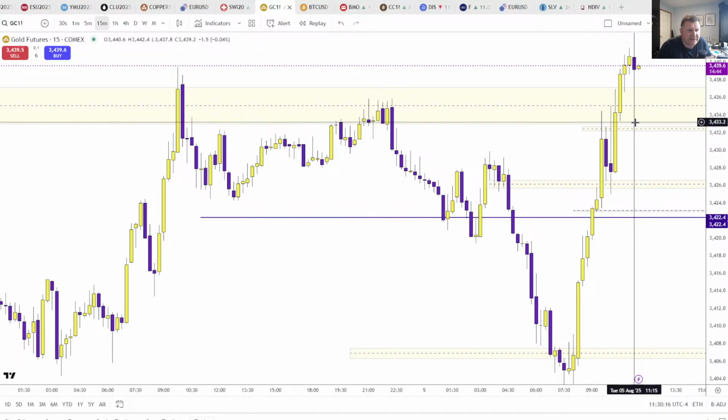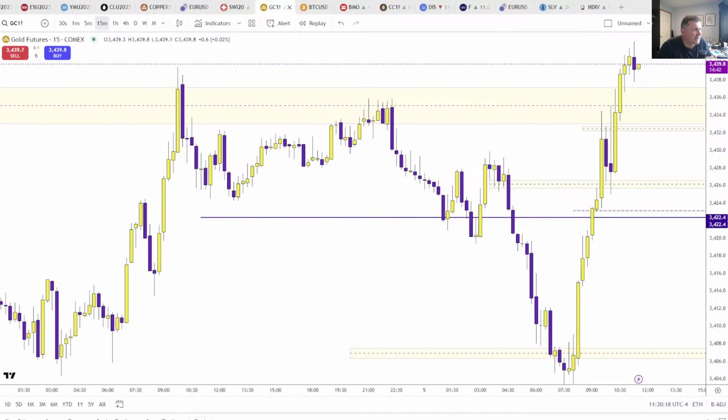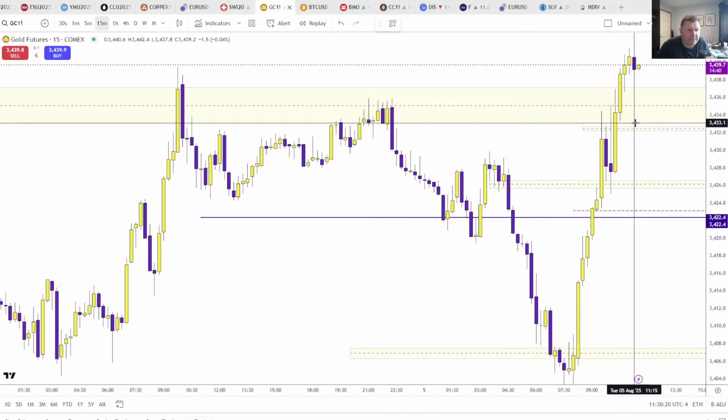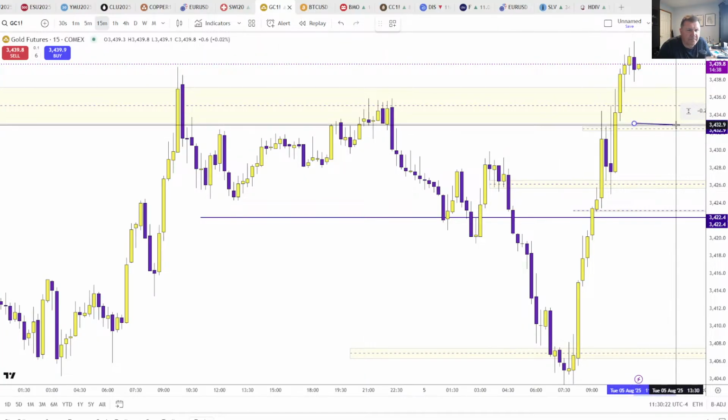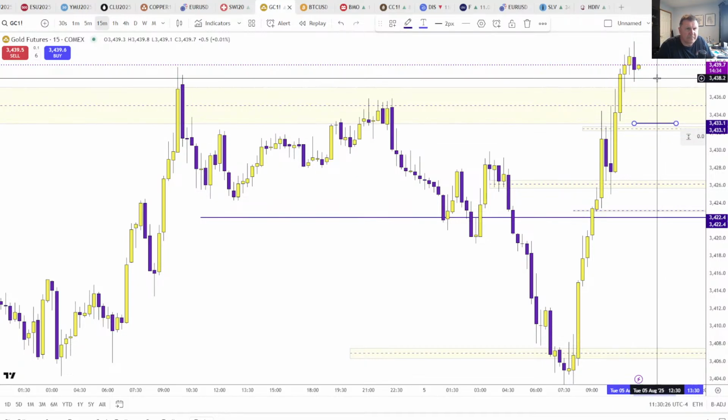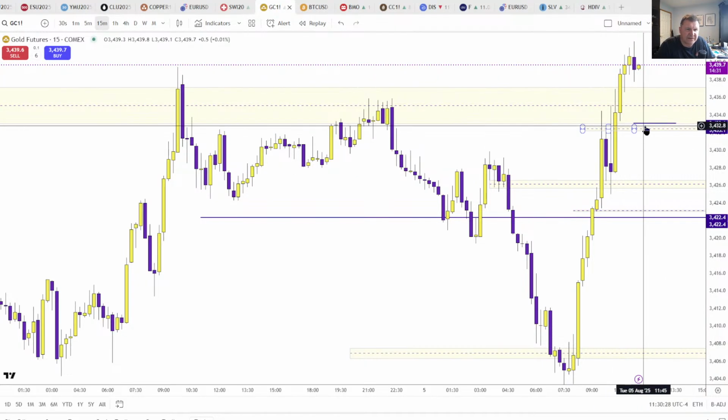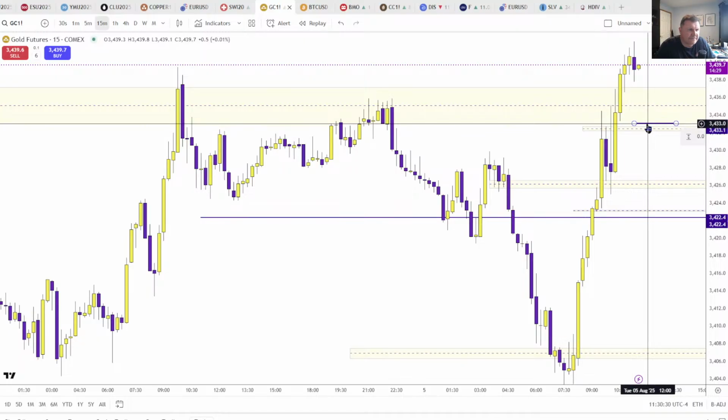I wouldn't want to see it get any lower than this little spot right here, BK. If price does come down again, I don't want to see it get any lower than that.